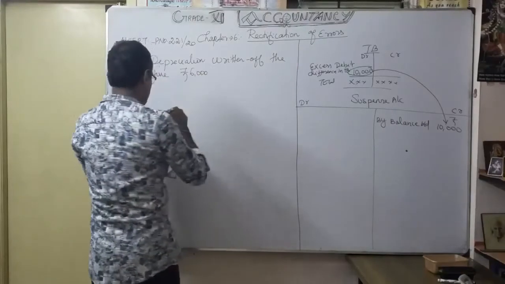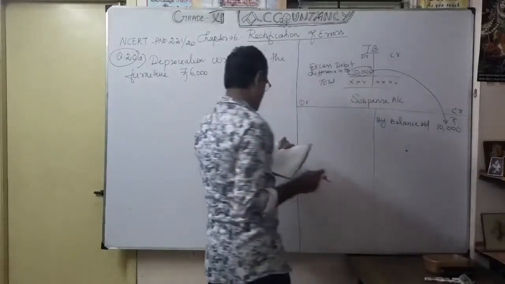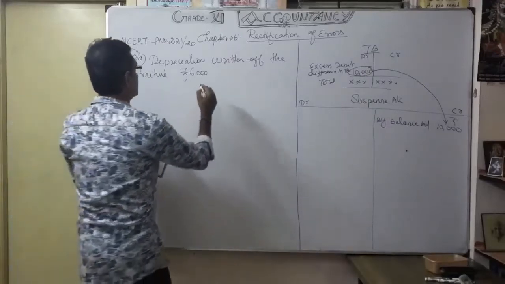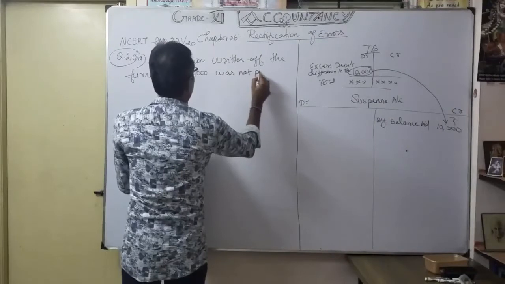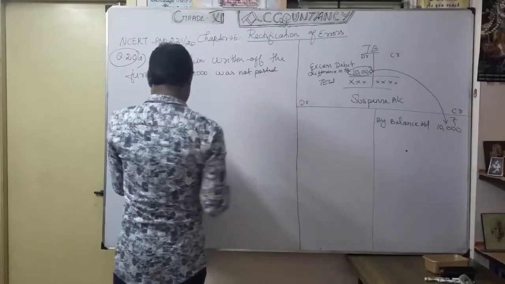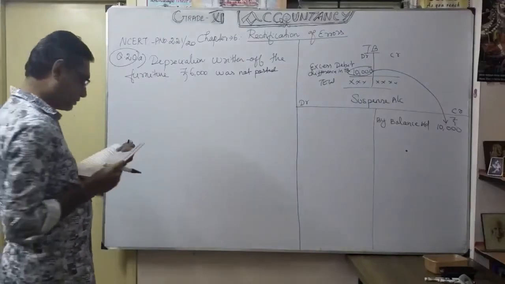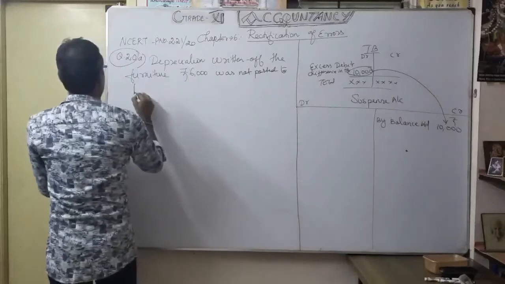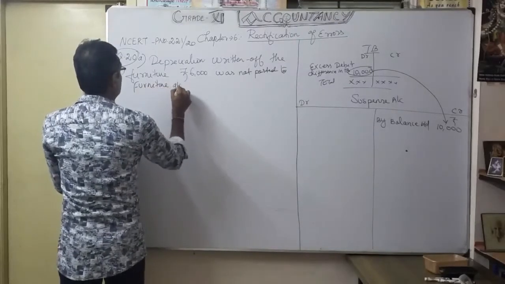The value of the depreciation we are going to calculate on furniture. The current depreciation of 6,000 was not posted. Depreciation written off on the furniture, 6,000, not posted to the furniture account. You understood?